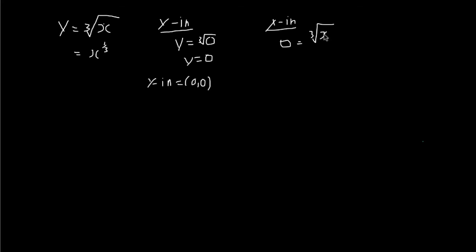So how do we find the x value? You know this is 0 here. Therefore, x equals 0. Then the x-intercept is also 0, 0. Then we do have only one intercept here, 0, 0.